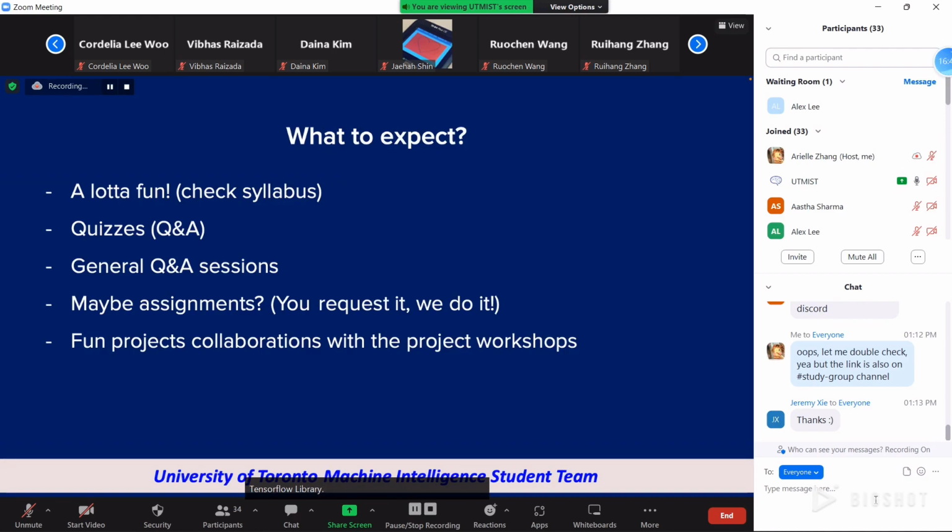Today we do the project workshop right after this study group session, but for the actual hybrid, they happen together and we go through it together. The study group sessions are based on TensorFlow, but for the project workshop hybrid sessions, we're going to provide the code in PyTorch.